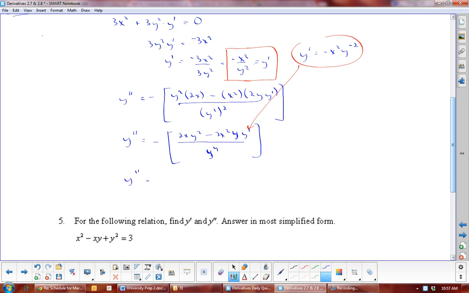So we got y double prime equals negative 2xy squared minus 2x squared y times negative x squared y to the negative 2 all over y to the 4. And we've got our negative sign there. Remember, we said now we can take out a negative. We could have done this before.